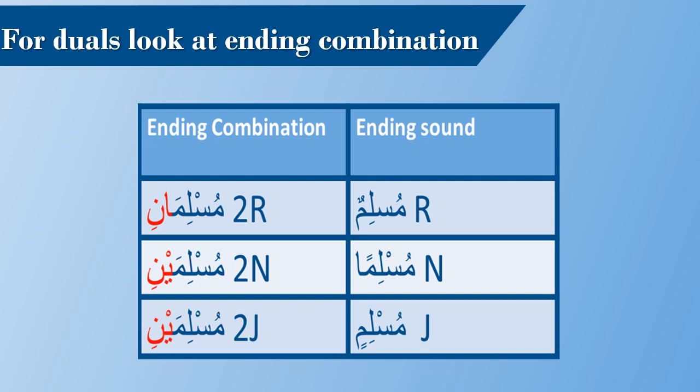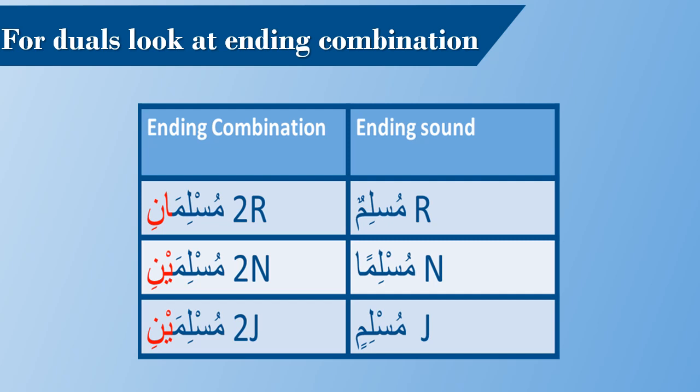Similarly, if we want to make the same noun Muslim in nasb form, we add a combination of ya and noon with kasra. Muslim becomes muslimaini. And luckily for jar, it's the same combination as nasb. Muslimaini, ya and noon with kasra.